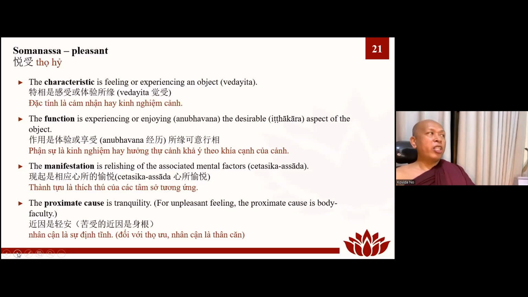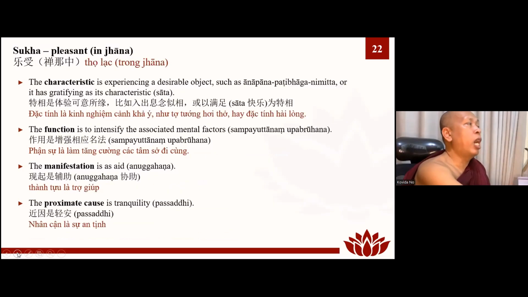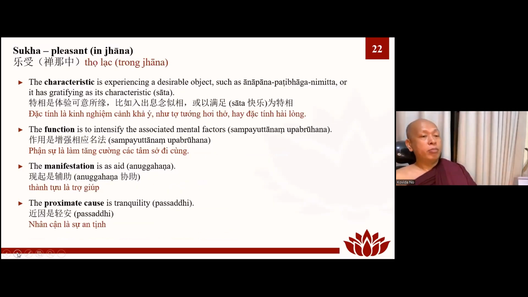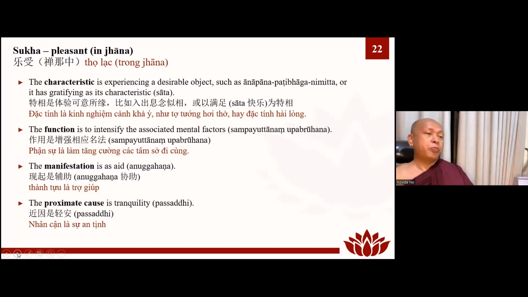Now we may have another type again. Sukha, pleasant in jhana. This is also feeling, right? For example, the pleasant sukha in jhana is also pleasant feeling actually. This is mental, not bodily. So the characteristic is experiencing desirable objects such as the anapana patibhaga nimitta, or it has gratifying as its characteristic, because of sada lakkhana.